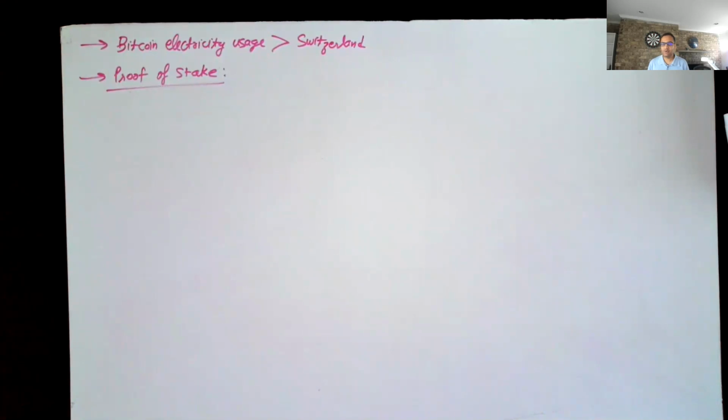There are also other proposals like proof of storage. The bigger your hard drive is, the more your voting power is. There's also proof of memory, which talks about your short-term memory and so on. So proof of stake is a nice system in the sense that the system is less wasteful.